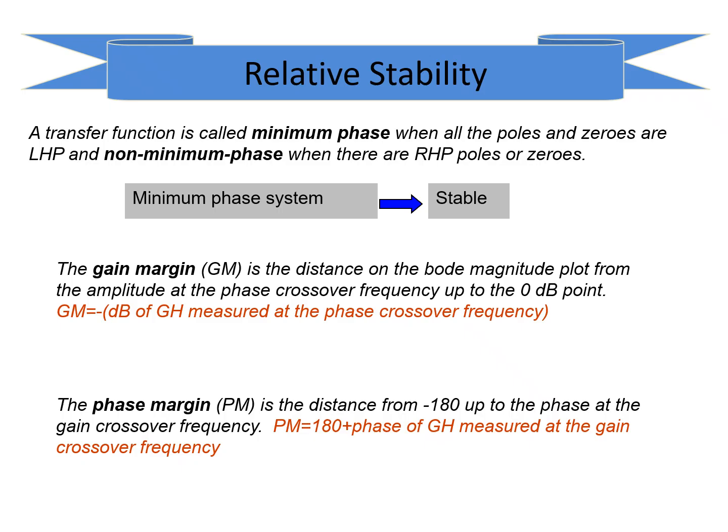It means PM is equal to 180 plus the phase of GH measured at the gain crossover frequency. This is the definition of gain margin and phase margin.